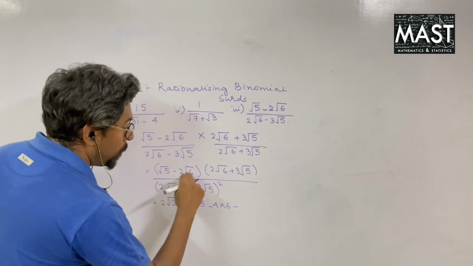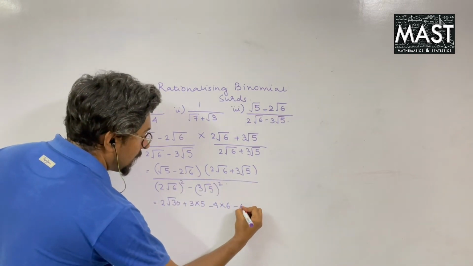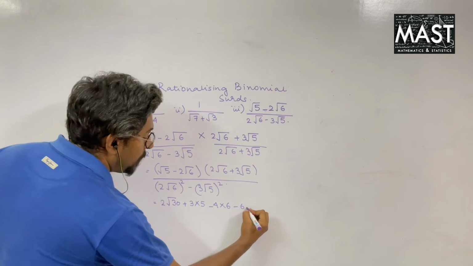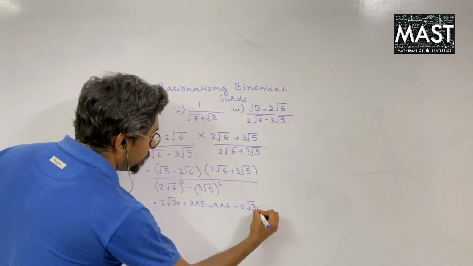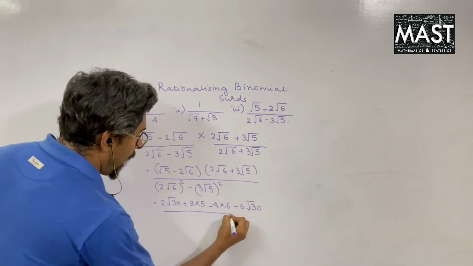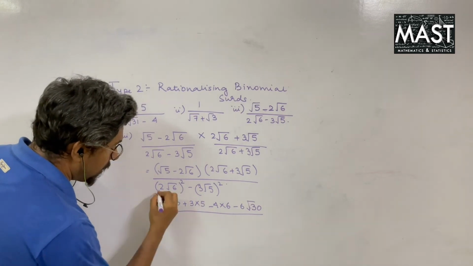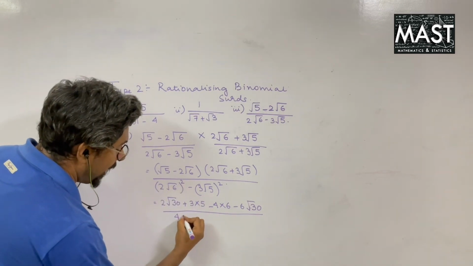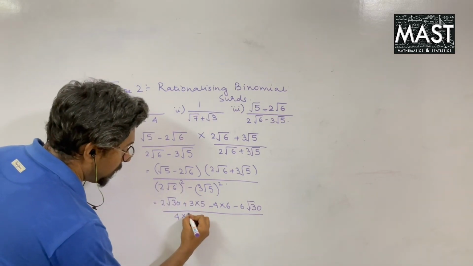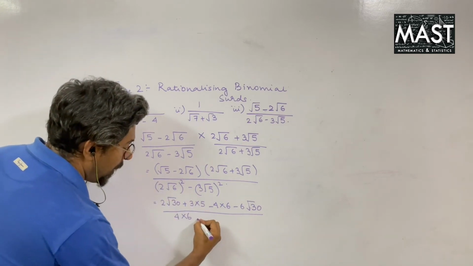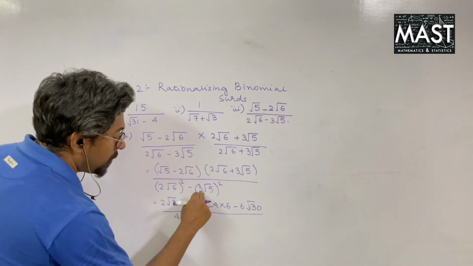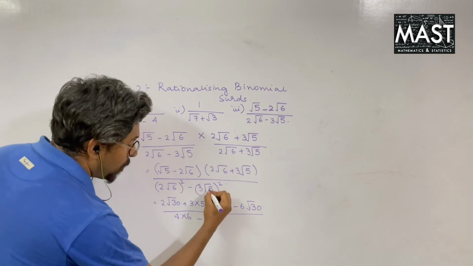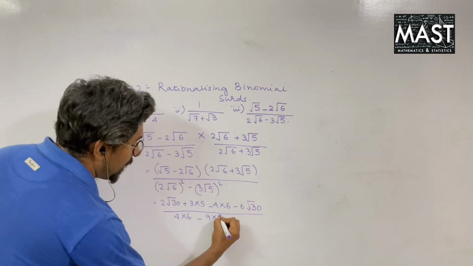Minus 2 into 3 would be 6. And root 6 into root 5 would be root 30. In the denominator, 2 square would be 4 into root 6 whole square would be 6. So 4 into 6 minus 3 square, which is 9, into root 5 square, which would be 5.